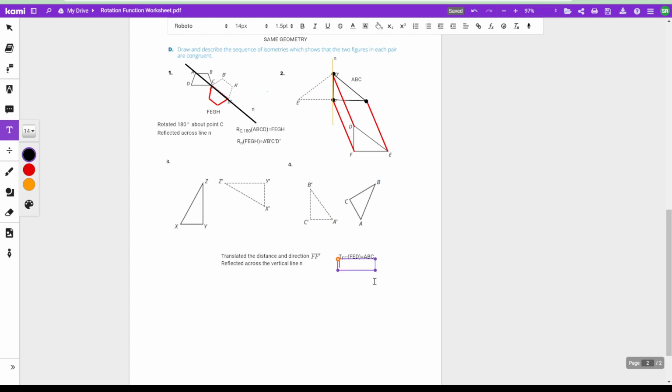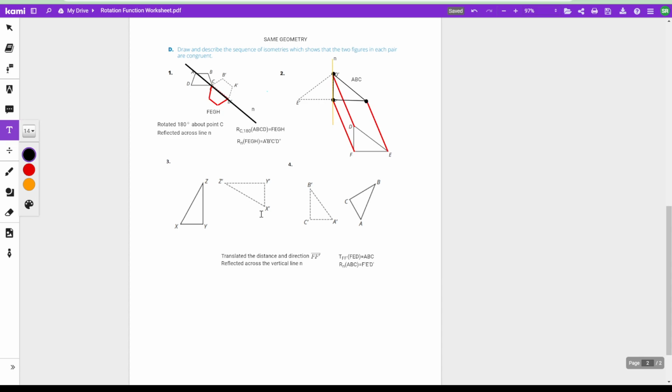And then finally, we reflected, so R for reflect, subscript N for the line of reflection that we labeled, and that was ABC for our input points, and our output points were F prime, E prime, D prime. Output points or output shape. So that would be the answer for number 2.